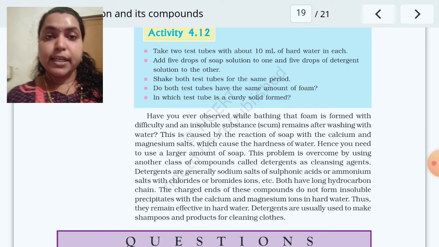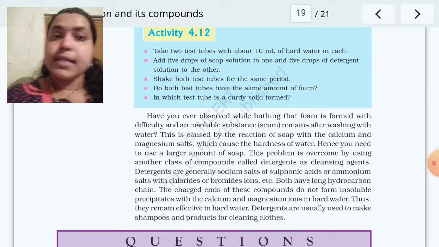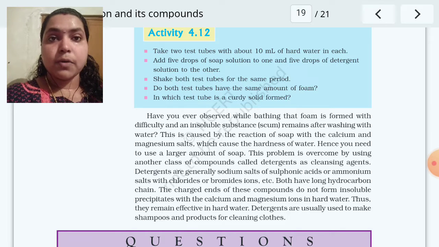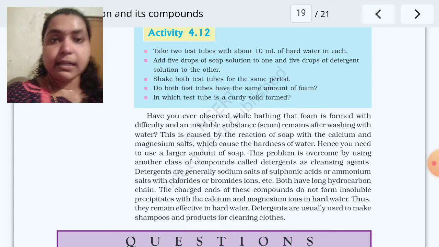So we use detergents in hard water. Okay, so that is about detergents and soaps. This way we know how detergents and soaps clean dirt from cloth. Okay, thank you.